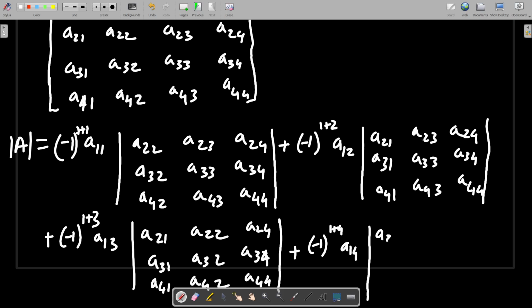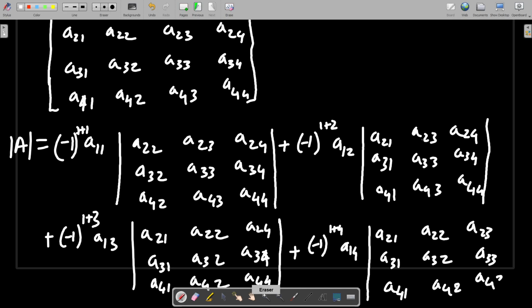So A21, A22, A23, A31, A32, A33, A41, A42, A43. Okay, so this is what we get. This is the determinant of a 4 by 4 matrix.